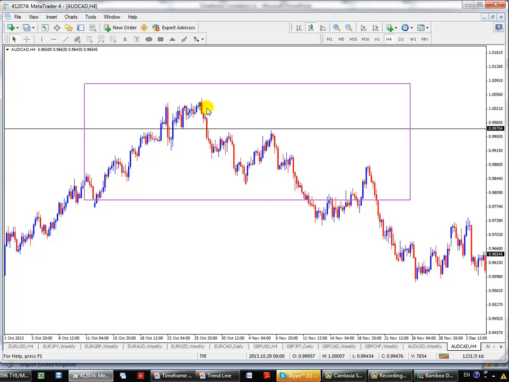As you can see, there's a swing low here, swing high, swing low, a swing high. Depending on my rules, I could take a short somewhere here, or even if I were to draw a trend line, the first 2 touches would confirm my trend line, and the 3rd touch would be where I take the short.